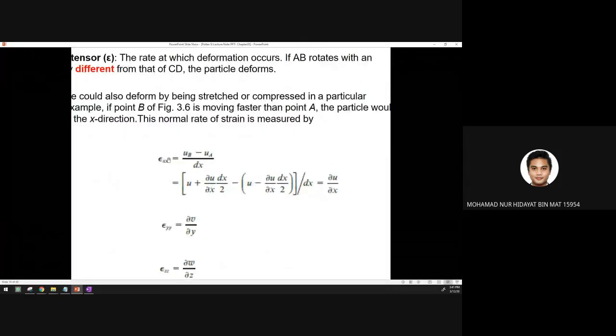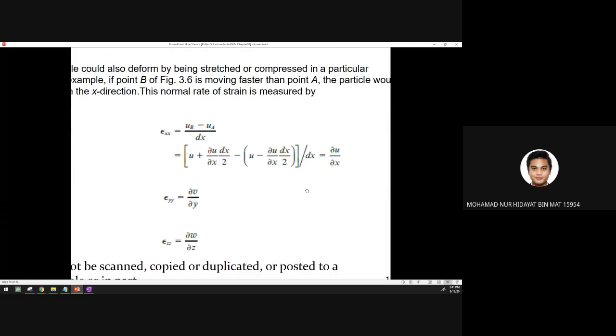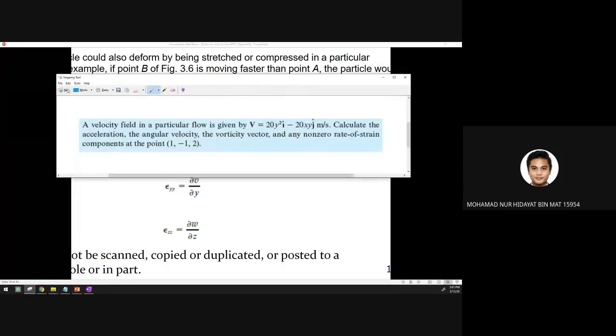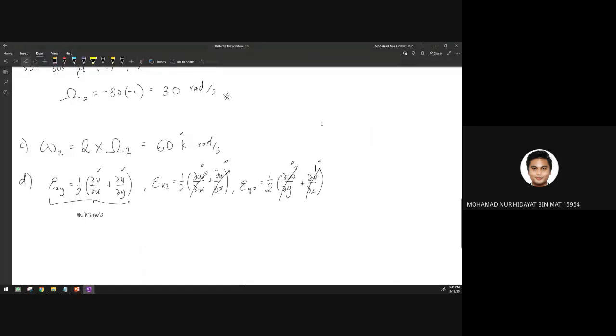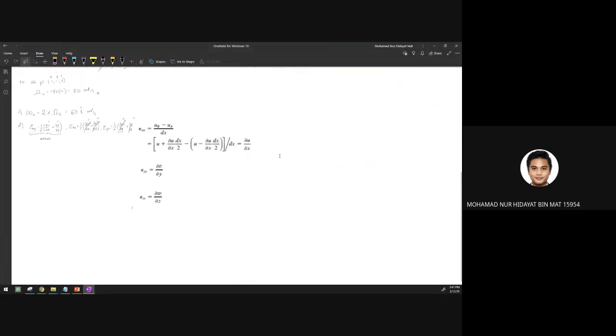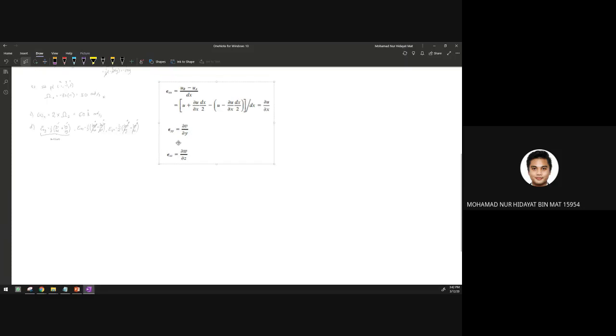Alright. When we take a look at this, the stretching in terms of x component is u over x. Okay.